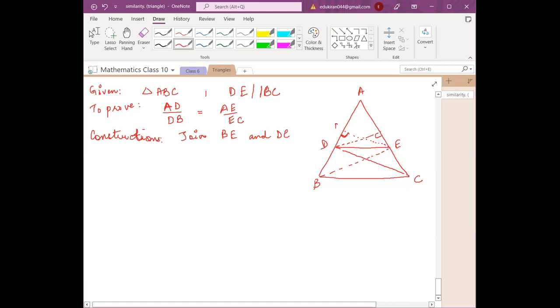So give it some names, F and G. So draw EF perpendicular on AB. So this is the sign of perpendicular on AB, and DG perpendicular on AC. Is this clear? Yes, ma'am.